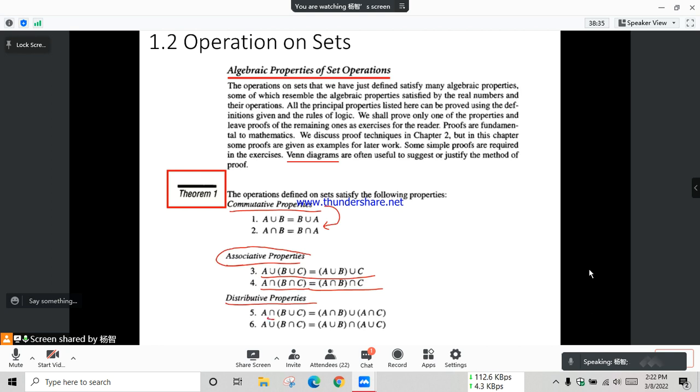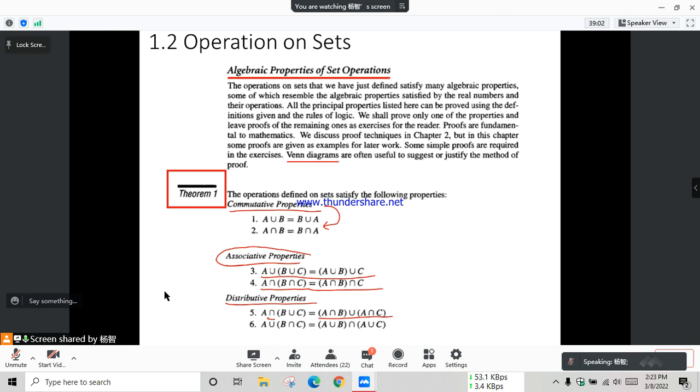The intersection between A and B union C is equal to this. Okay, this three algebraic property is like in the math.